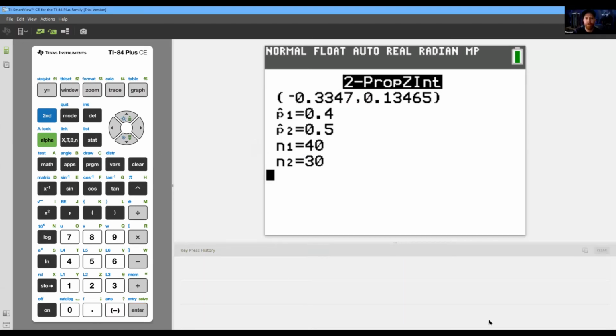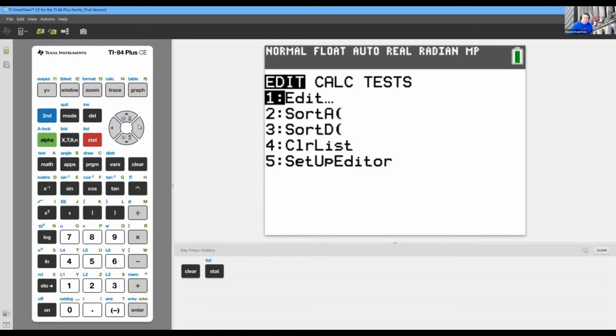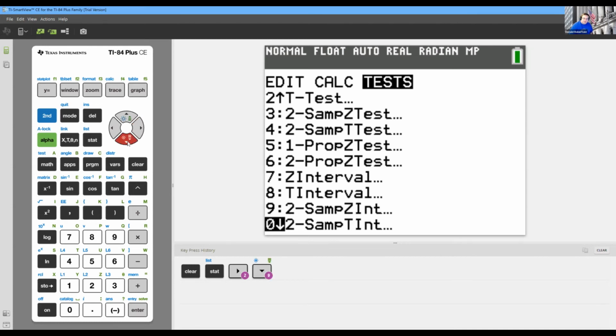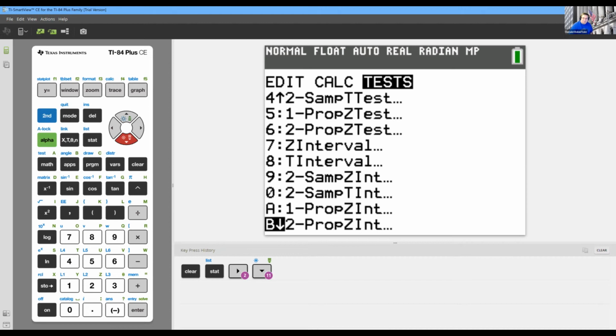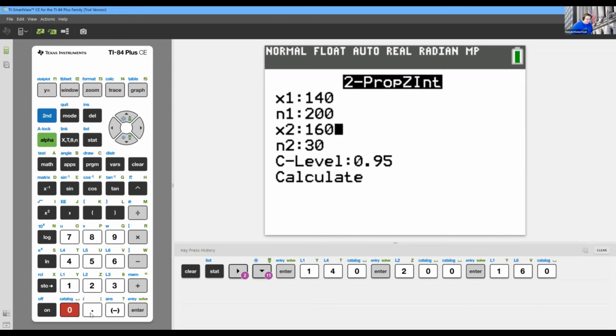Since we're all good at remembering where things are, I'm just going to zoom really quickly to B. Right, the first group was 140 guys who liked watching sci-fi out of the 200 that they asked. In the women's group, it was 160 of them who liked to watch it out of the 400 that they asked.